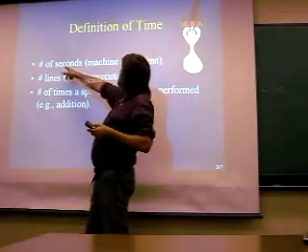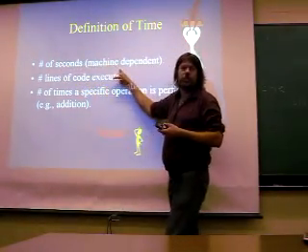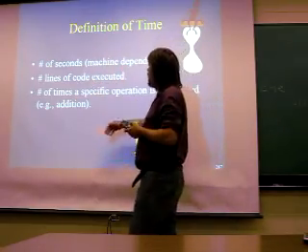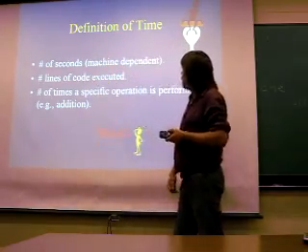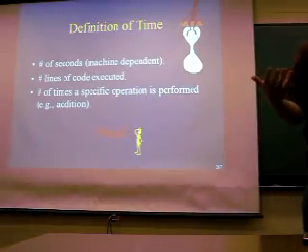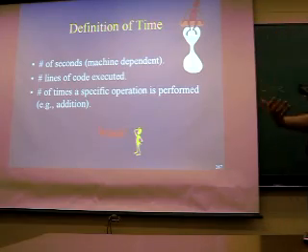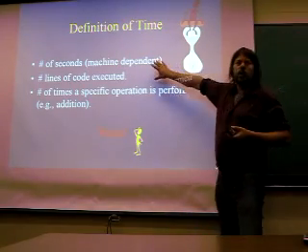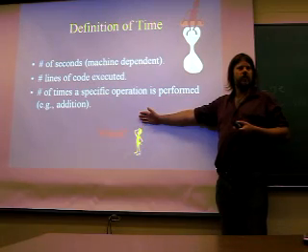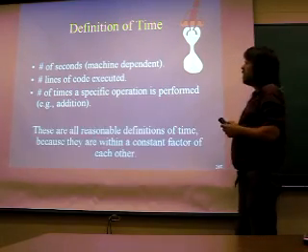Well, we can define it as the number of seconds that it takes for your machine to do it, how many hours it takes for you to do it by hand, how many lines of code get executed. We could count additions maybe and say how many additions happen, how many subtractions happen. Does it matter which definition we use? No, it doesn't matter.